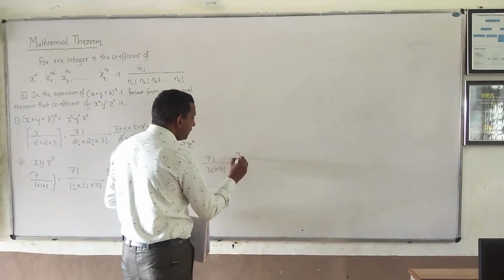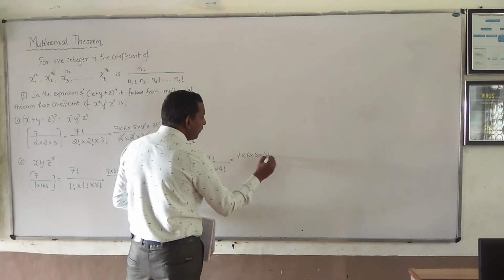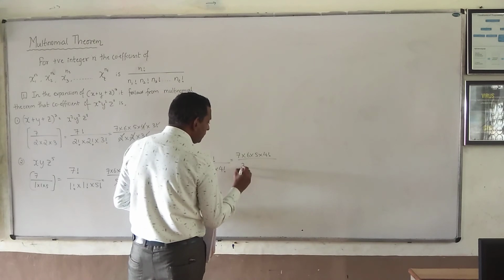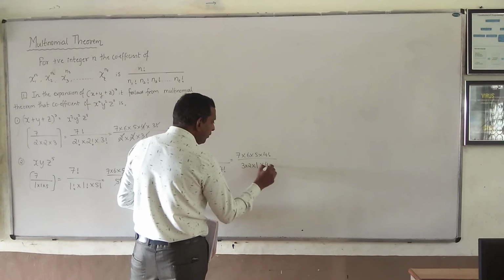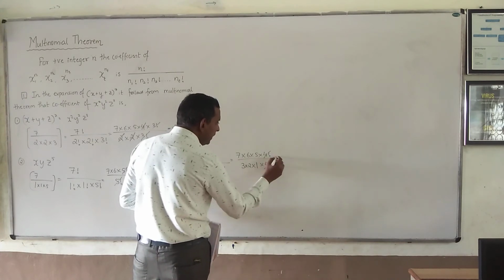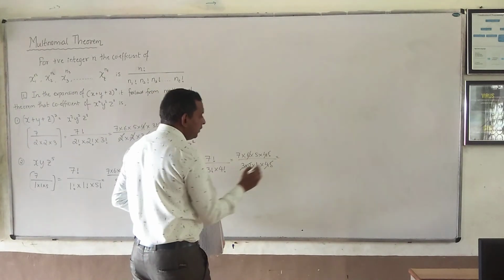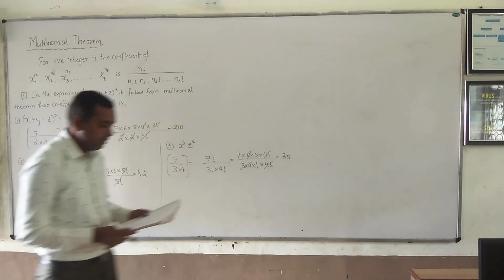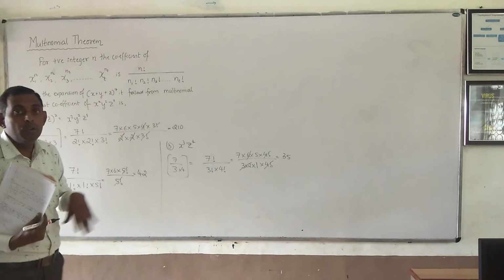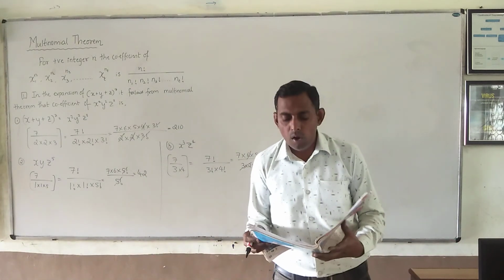So the answer is 7 into 6 into 5 into 4 factorial divided by 3 into 2 into 1 into 4 factorial. The 4 factorial will get cancelled, and 3 times 2 cancels with the 6. The answer is 35. This is how the multinomial theorem problems are solved.